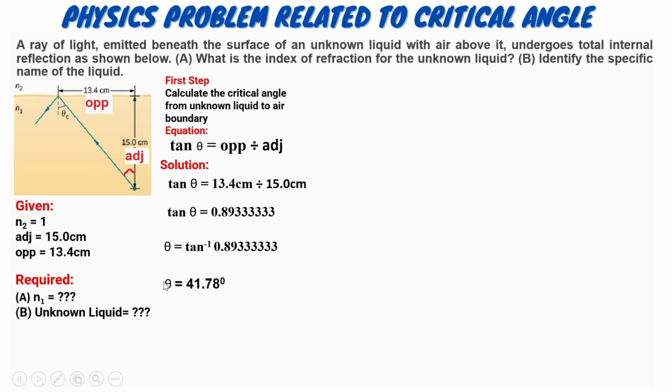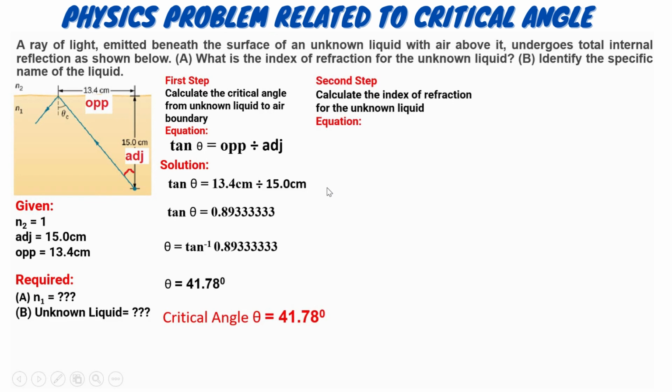Therefore, this is also equal to the critical angle. That's why we can say that the critical angle is also 41.78. Now that we have the critical angle, we can proceed to the next step, which is to calculate the index of refraction for the unknown liquid.